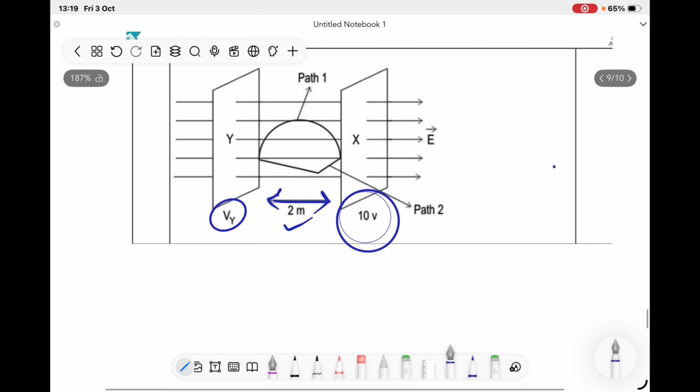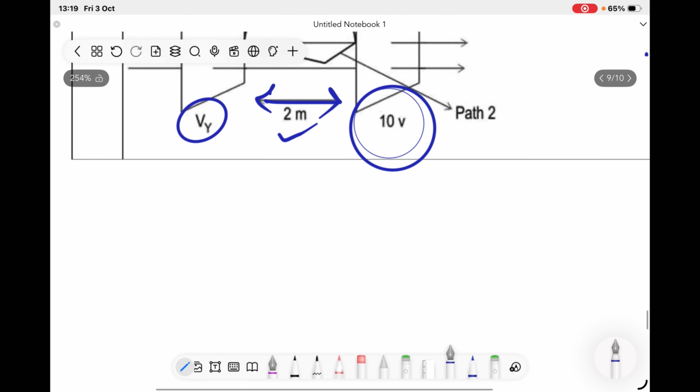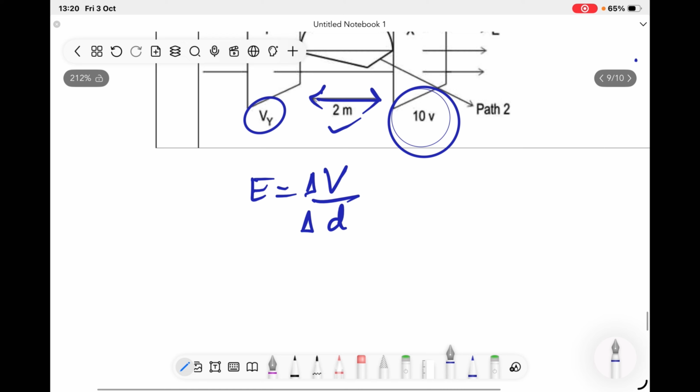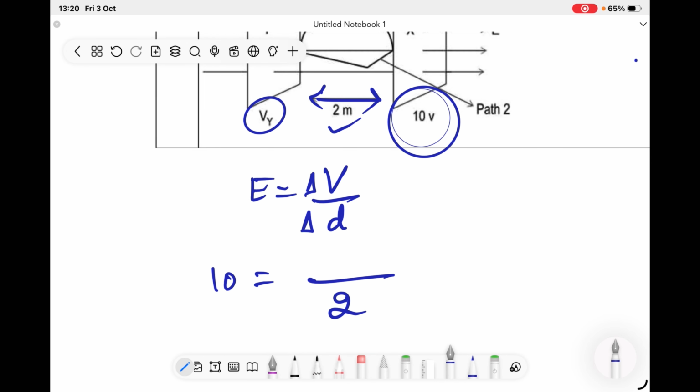You can do it as electric field is V by D, that is del V by del D, as in voltage upon distance. So let us substitute the value of electric field. Electric field's value was 10. So we can write it as 10. Distance is 2 meters. So we can substitute del D as 2.